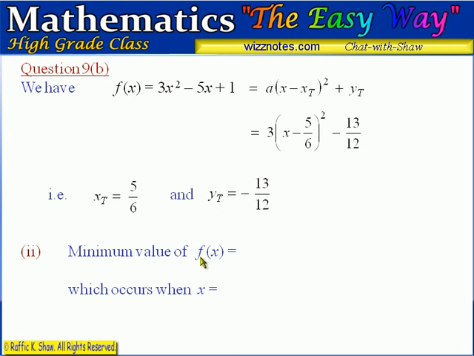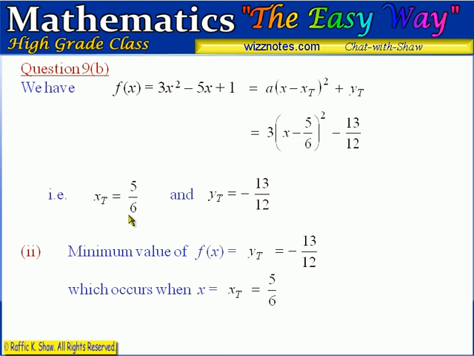And so the minimum value of f of x is the yt value that we calculated. That's the y value at the turning point, the minimum turning point on the graph of this quadratic function. And so the minimum value of f of x is yt, which is negative 13 over 12. And this minimum value of f of x occurs when x is equal to the x value at the turning point, that's the xt value here, 5 divided by 6.